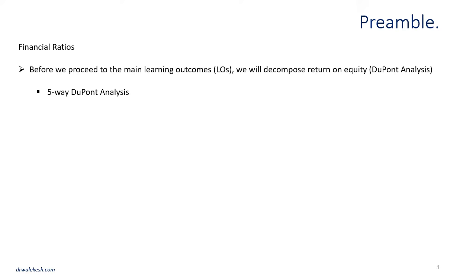Before we get started with the 5-way DuPont analysis, let us look at some key terms. The first term here is interest burden ratio. Interest burden ratio reflects the proportion of operating profit retained after interest expenses.